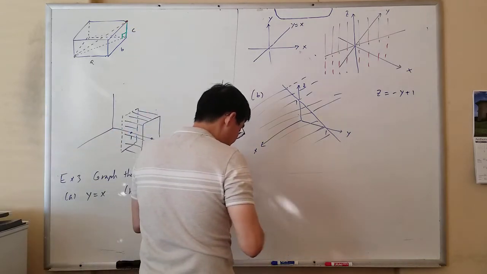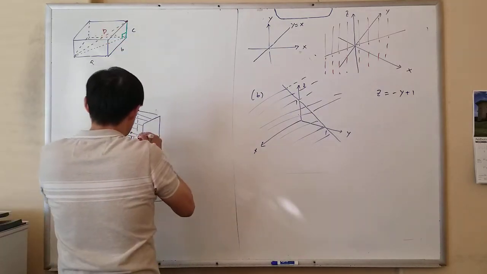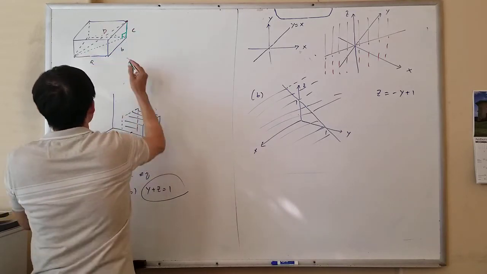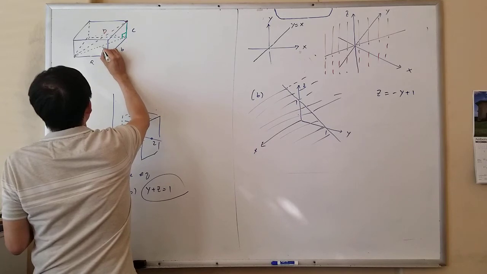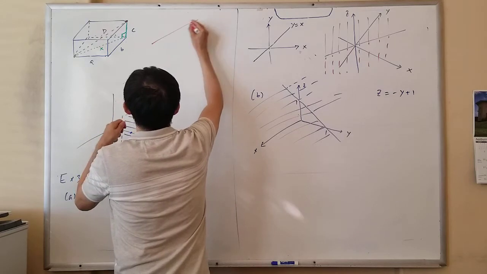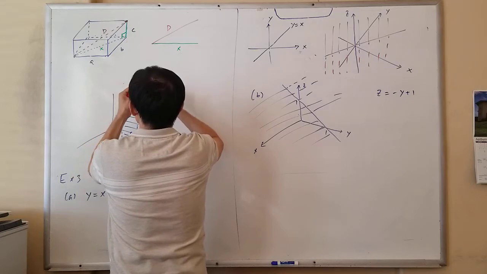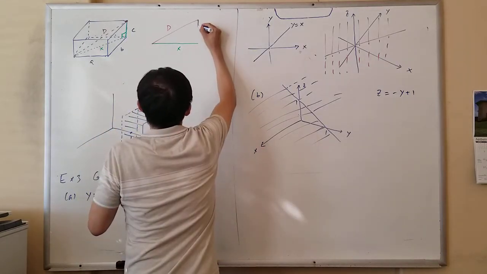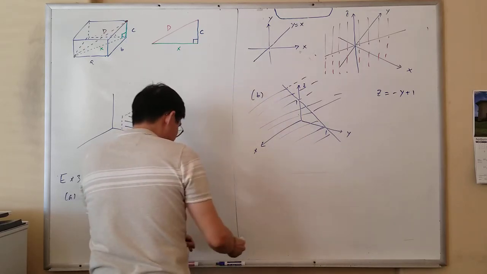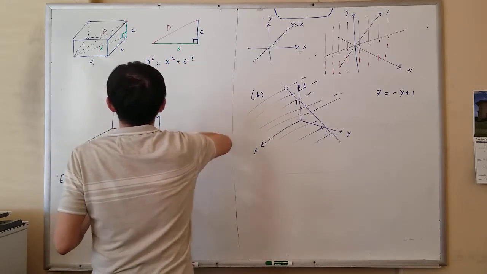Let's say this is our length, capital D, and then this is C. And this length, let's say X. So you can draw this triangle: D, X, and C. So you will have D squared equals X squared plus C squared.